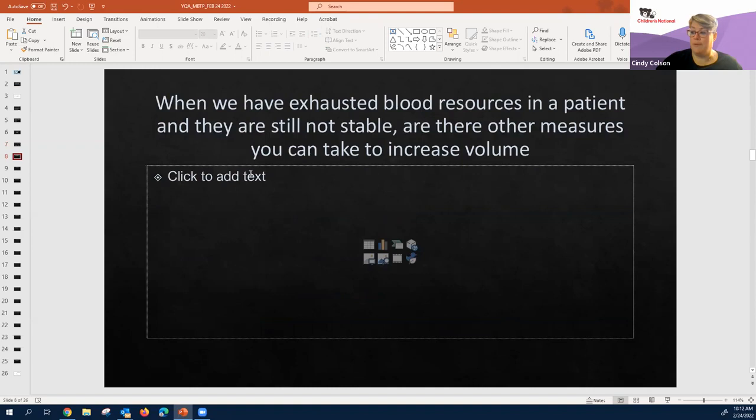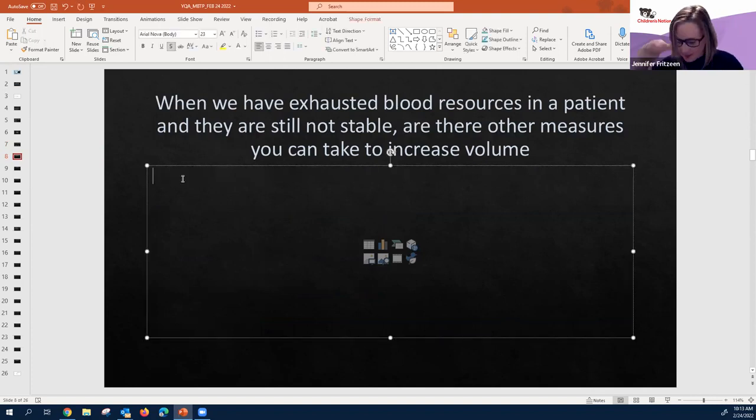We've exhausted blood resources in a patient and they are still not stable. Are there other measures you can take to increase volume? Well, I always laugh when people talk about this in the light of trauma. Remember, not only trauma patients use a massive blood transfusion, so this will be different if you're talking cardiac patients or GI bleed.